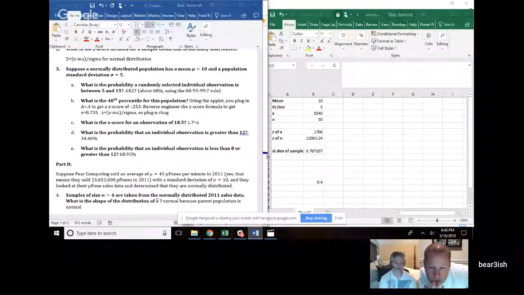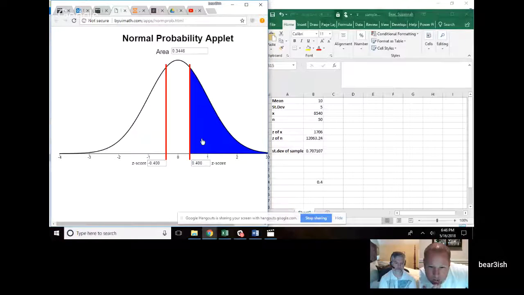I missed that. 8 would be a -0.4. And you're just wanting the greater, so you're just wanting the right side. Okay, so then just the greater than is 0.3446. So if you look at that chart, then it's saying the less than the 8. So that's why if you just double it and click on the other side, then there you go. That's how I did it.